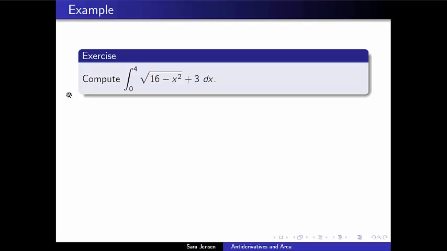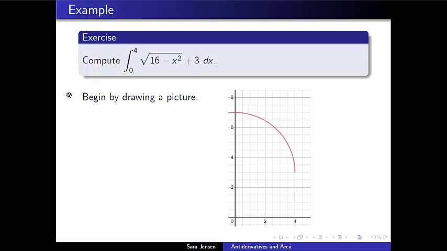Generally, geometry goes a whole lot better when we have a picture of something. So the very first step we're going to take is to draw a picture of our function on our region. This definite integral from 0 to 4 of this particular function, the function is what I have plotted in red here.